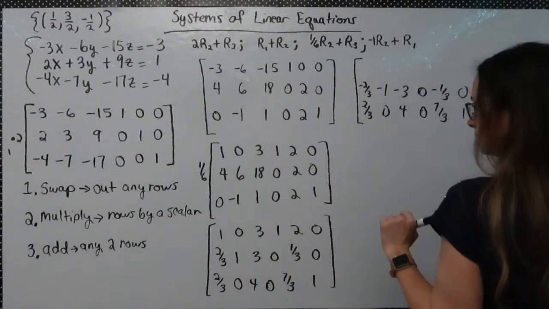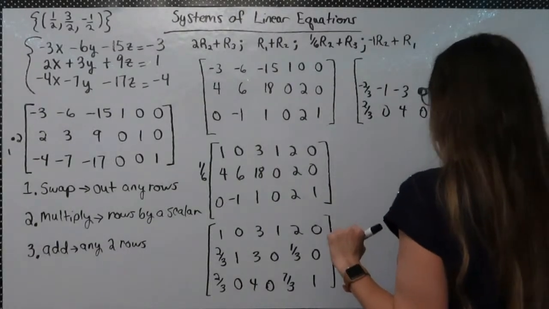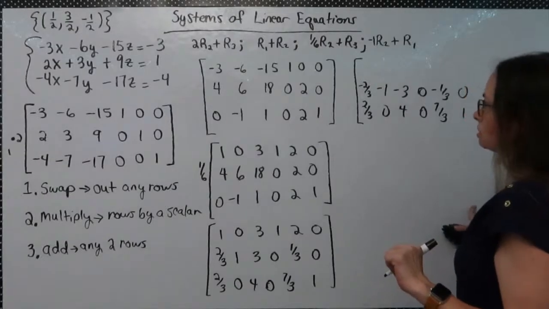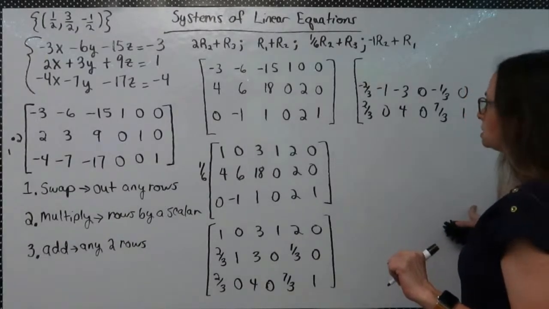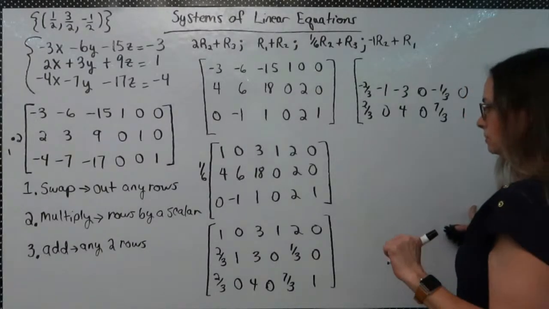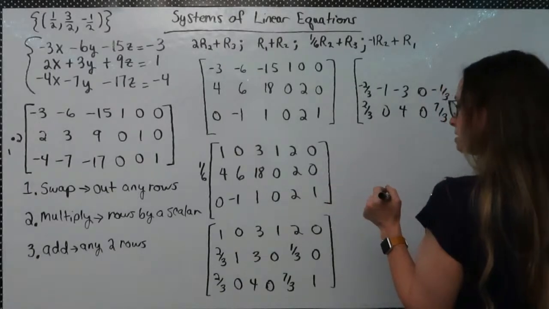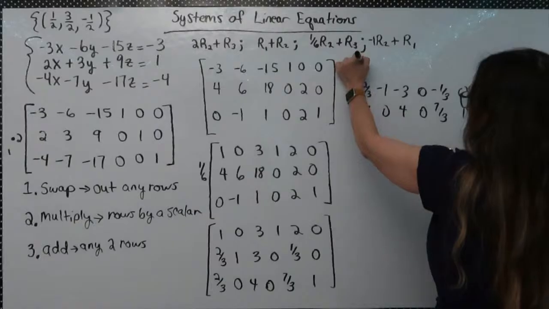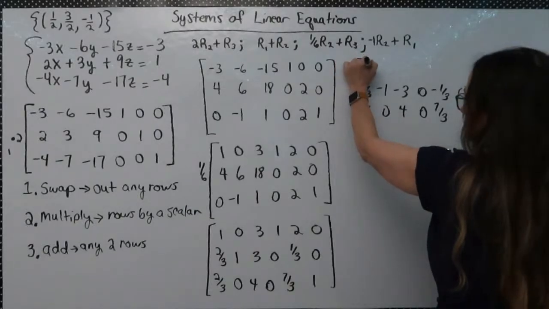And then we're going to add to row 1, replace row 1. So we've got 1 minus 2/3, so 3 over 3 minus 2 over 3 is 1 over 3. 1/3.